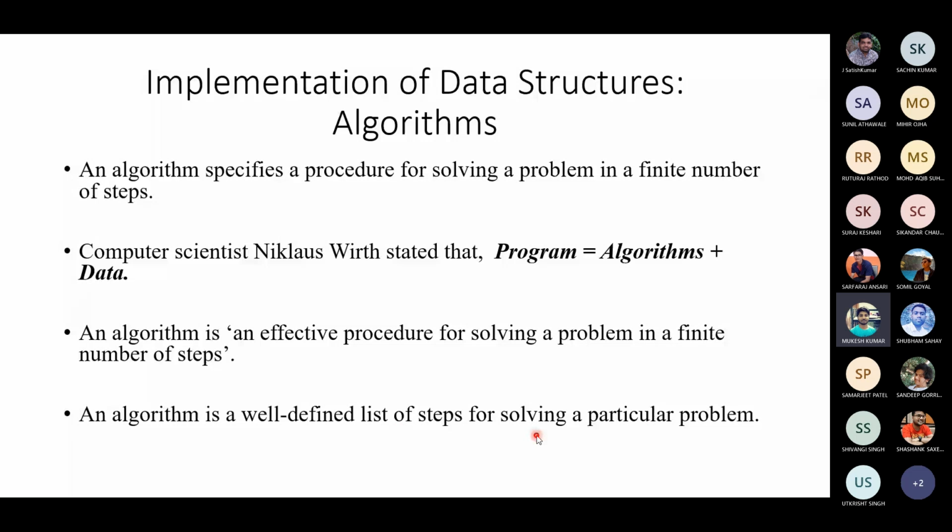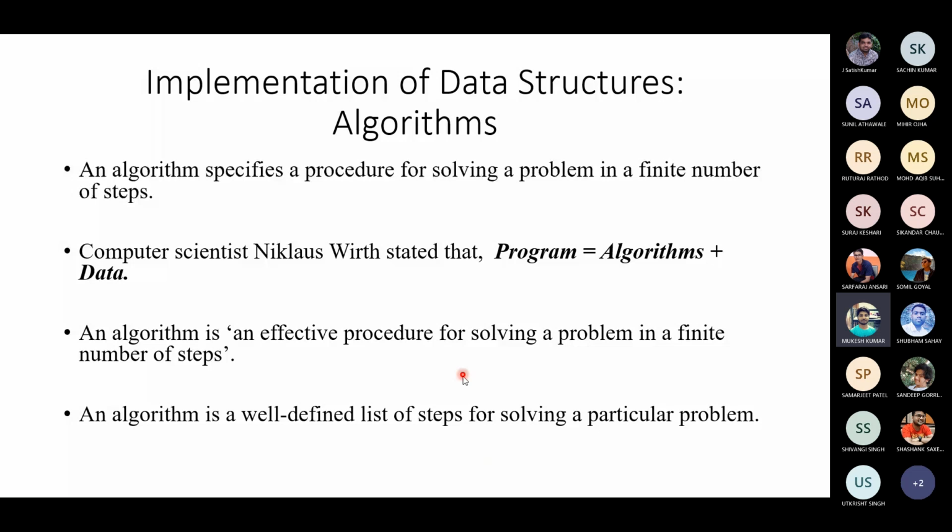An effective procedure for solving a problem in a finite number of steps, or a specified procedure for solving a problem in a finite number of steps, both have the same meaning. So this is a simple algorithm. There is a problem and you want to find a solution in a finite number of steps. That's how we define an algorithm. But in computer language, we define a program as algorithm plus data. That's how we'll try to understand it.